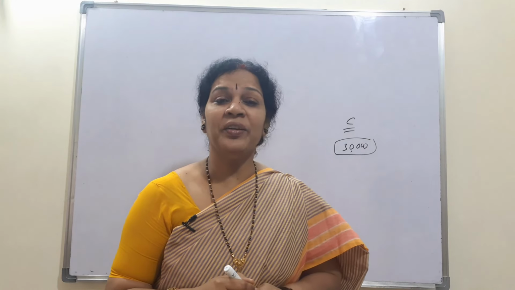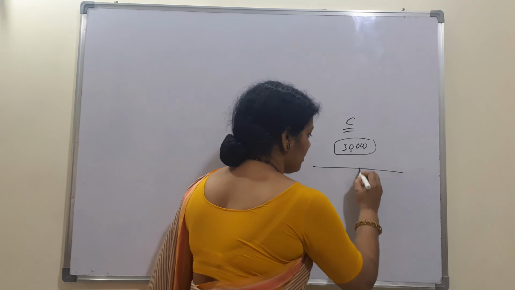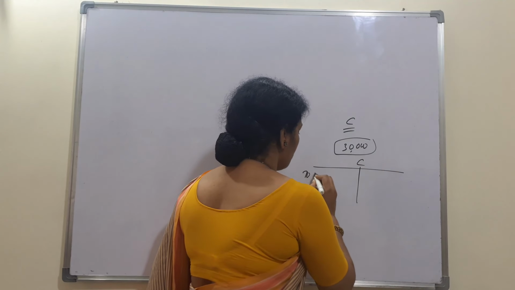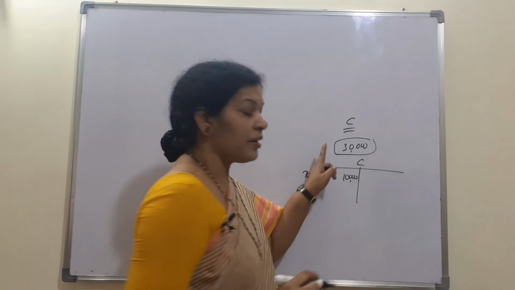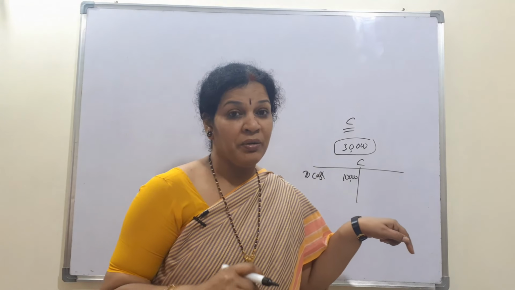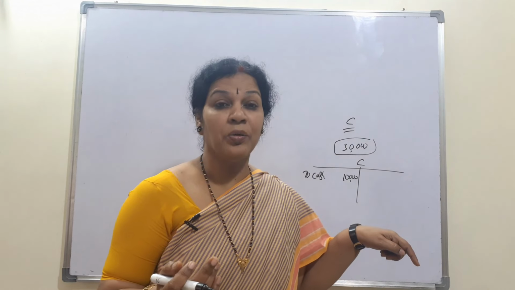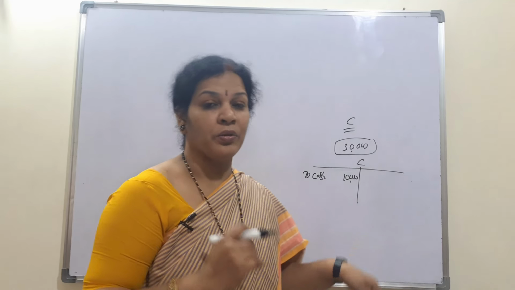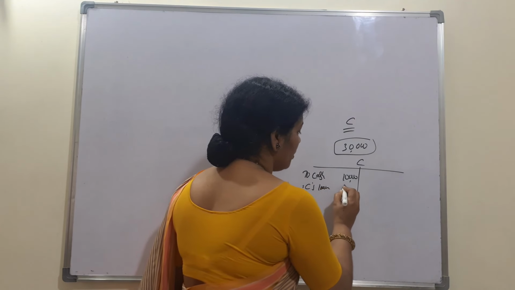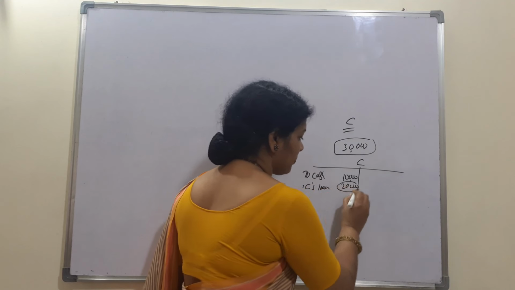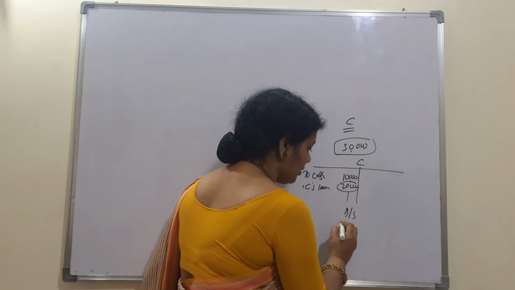Say we have decided we'll pay 10,000 rupees to C, meaning C's account will say to cash 10,000. And the rest of the 20,000 we want to transfer to the liability account, C's loan account. So we'll say C's loan account 20,000. So this 20,000 will be shown in the balance sheet as a liability.